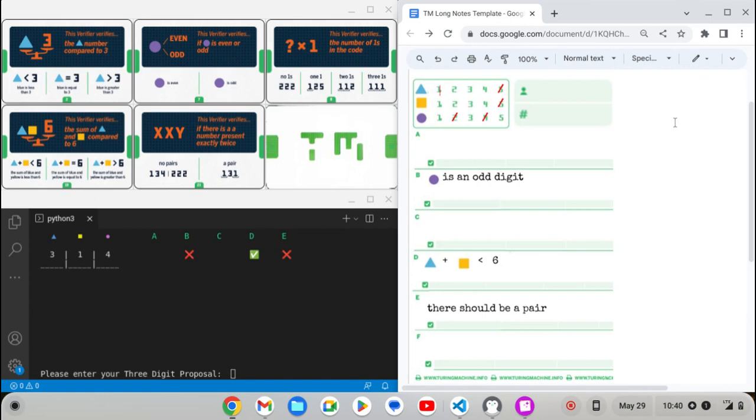Let's see, 1, 1. So we know there's a pair, so we know it can't be all ones. So it would have to be 1, 1, 3 or 1, 1, 5. And there really isn't anything that forces circle to be either 3 or 5, at least not if it's 1, 1.